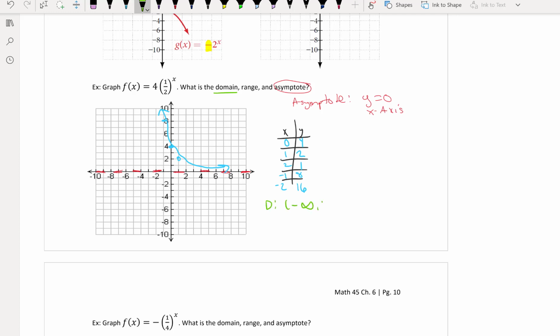So it goes from negative infinity to positive infinity. I have my range, which is my y values. The smallest y value that I have is 0, because that's the asymptote. It cannot cross that asymptote, but it gets really, really close to it. So that's why it's 0. And then the biggest y value, the maximum y value, is positive infinity since it shoots up. And I already have my asymptote, which is y equal to 0. Okay.